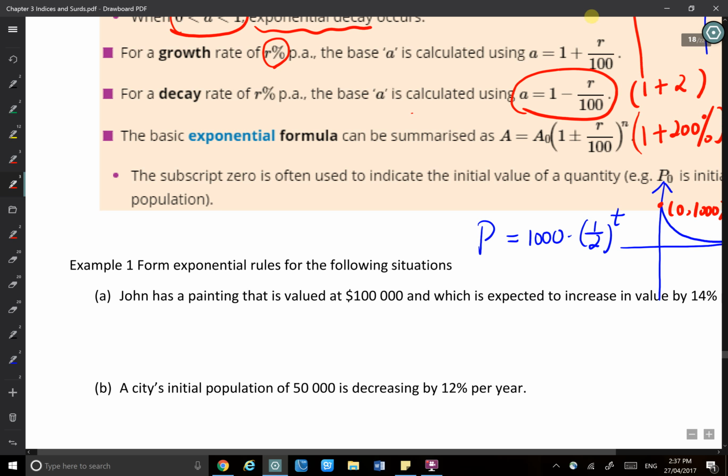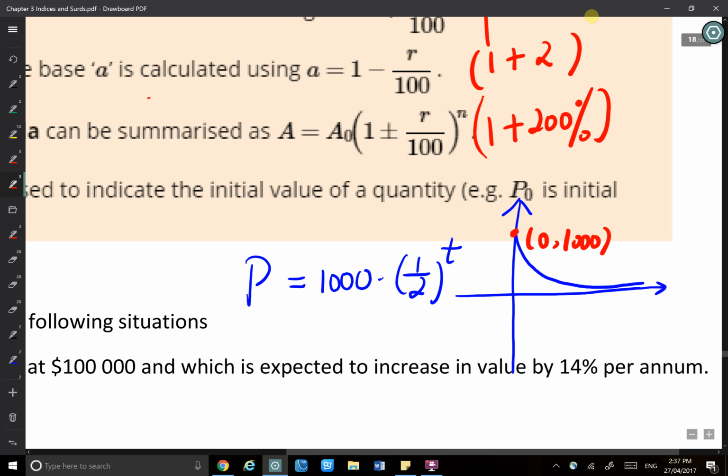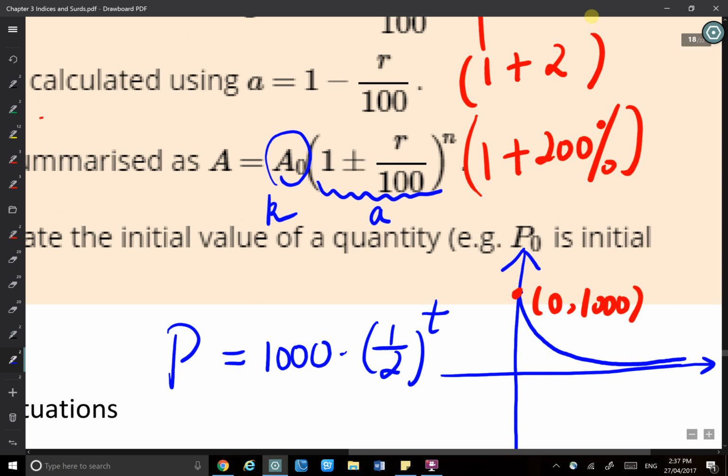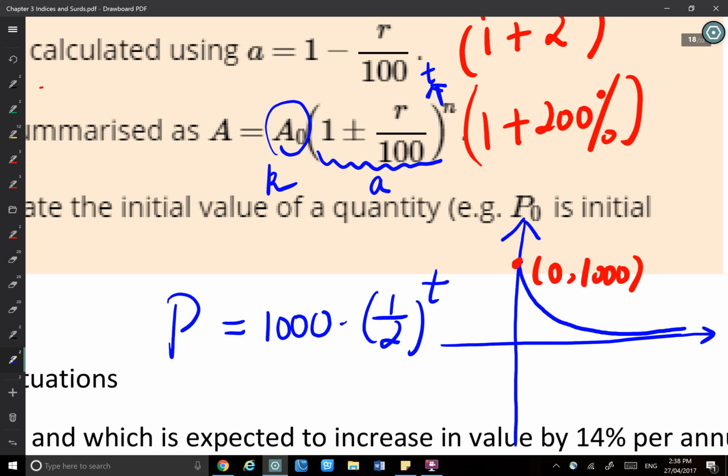So the basic exponential formula can be summarized as A0, which is the k value we talked about before, times 1 plus or minus the rate, which is the base a, to the power of n, which is the same as time t. It's a variable, so you can use n, t, or any letter you want. So that's A equals k times a to the power of t.